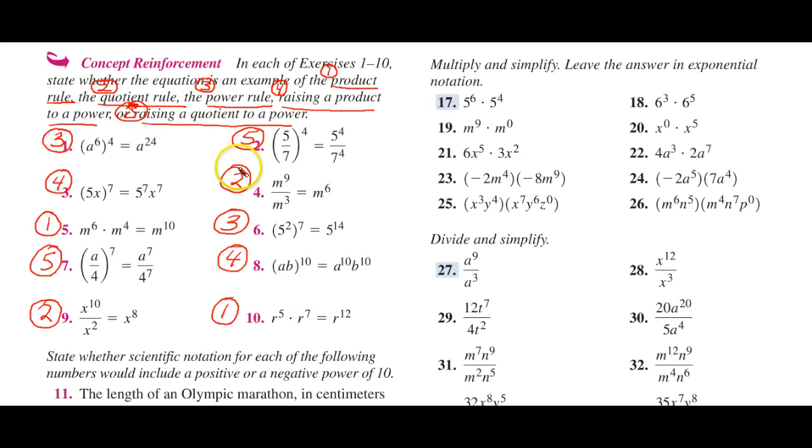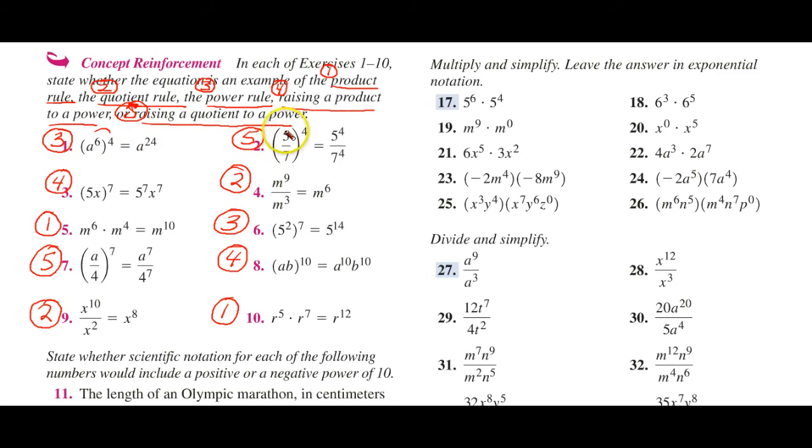Okay, we can check our answers. Now here, this is the power rule, that we're raising an exponent to a power of 4, and there we would multiply. The power rule, we multiply. Now this is raising a quotient.